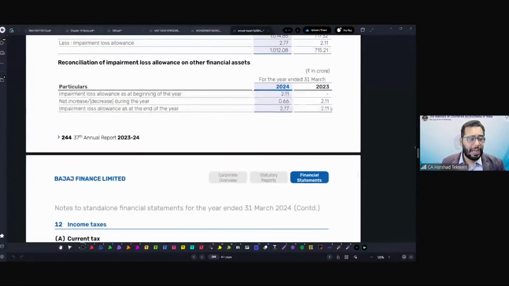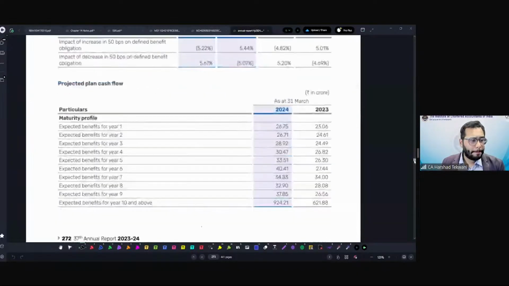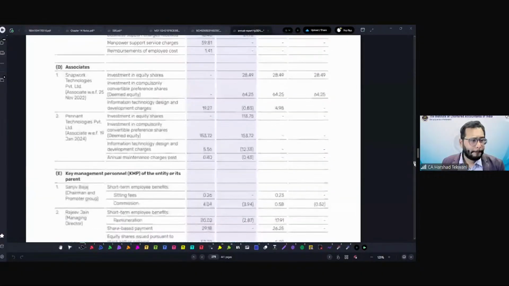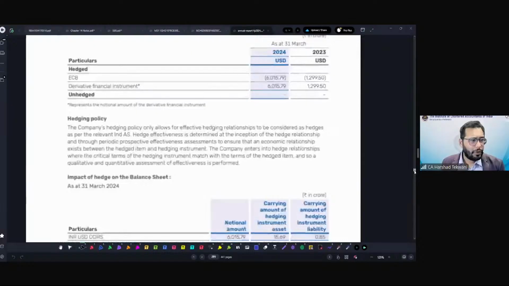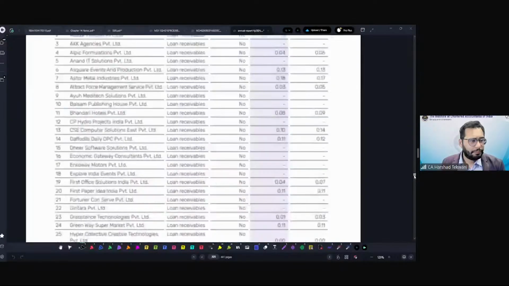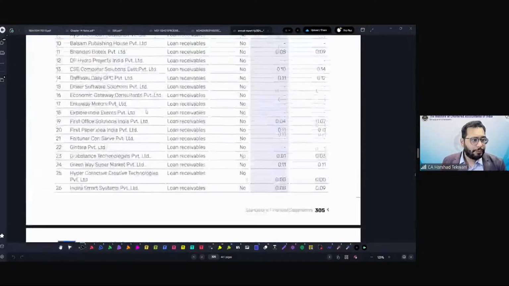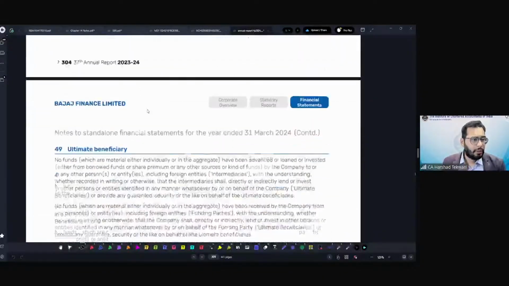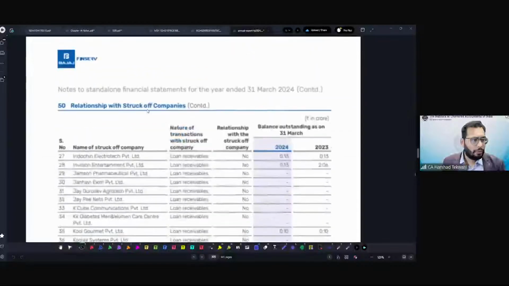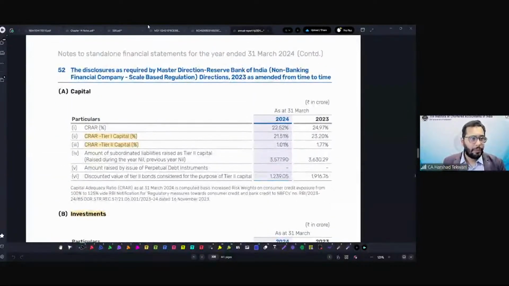Remember note 52 that we were talking about? I'll go quickly to the note 52. Yes, over here. Note 51. Yeah, note 52. Now, remember, see this one.